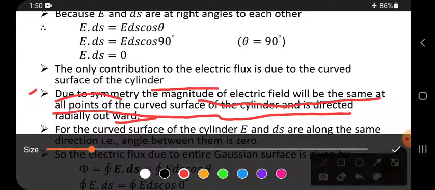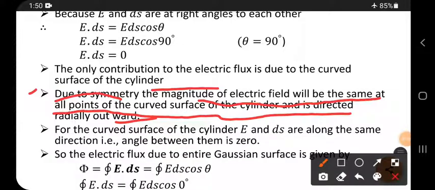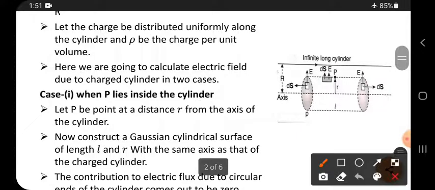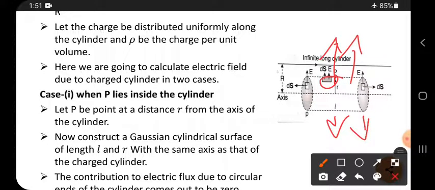The electric field because of this curved surface is always directed outward, like this.